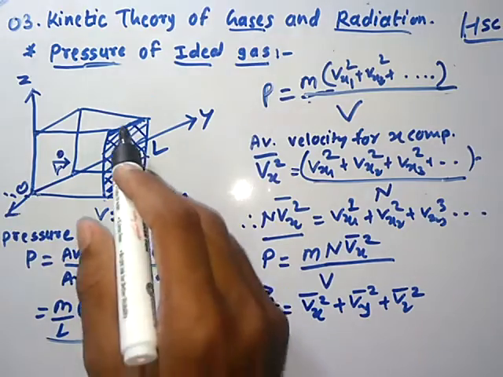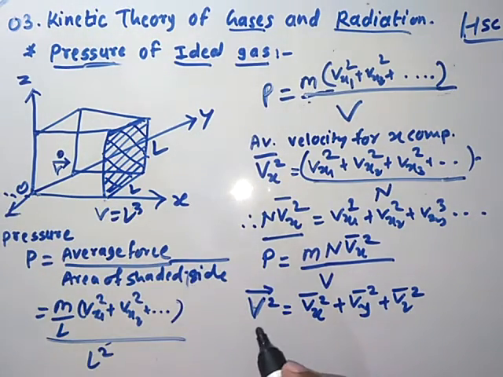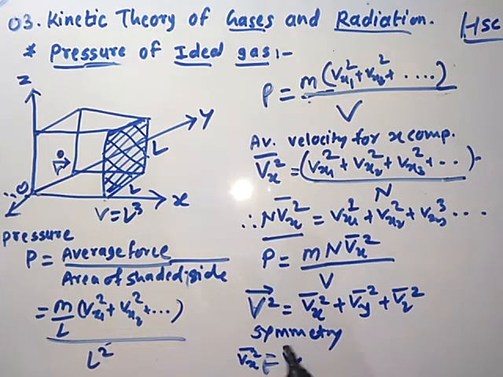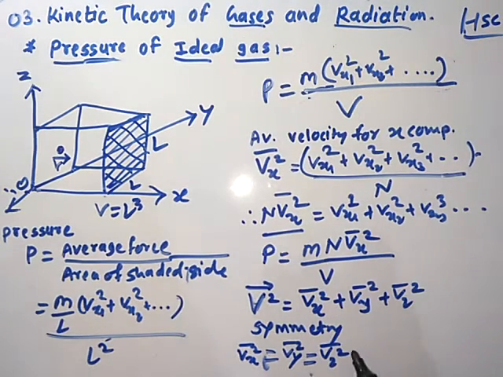So it is a three-dimensional coordinate system and this is a cubical box. Therefore there is symmetry for that molecule to move along any axis. So vx bar square is equal to vy bar square is equal to vz bar square, an equal possibility of moving the particle in all directions. So all these three velocities become equal.